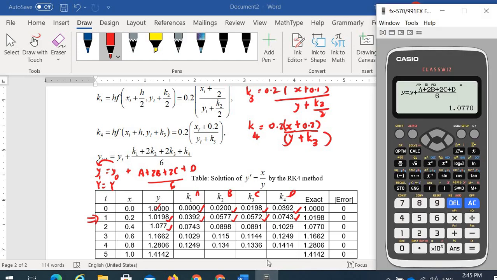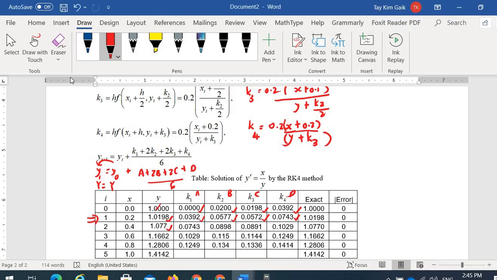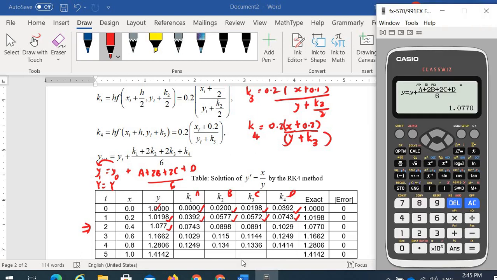So now we are in row 2. We have Y1, Y2, and here we want to get Y3, Y4, Y5. To calculate K1, K2, K3, K4, you may repeat the same procedure.